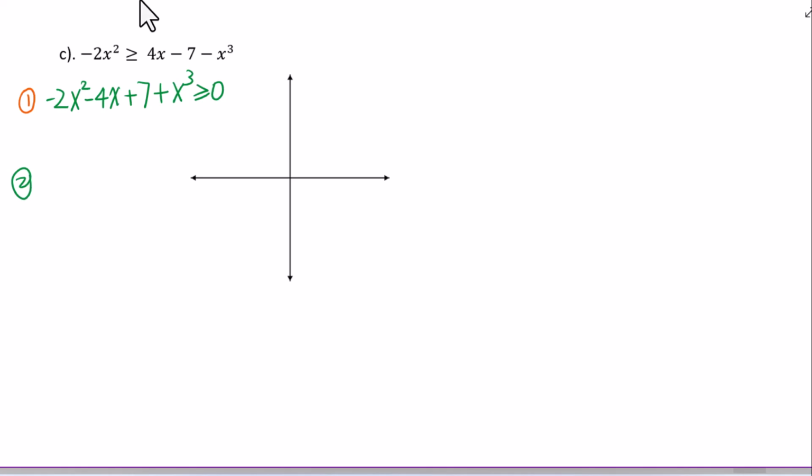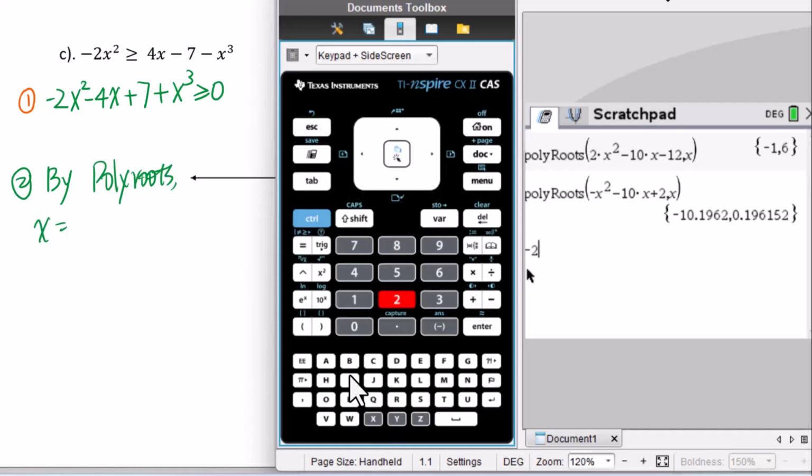Second step, since this is a polynomial function, we can use polyroots to get all the solutions. Type in negative 2x squared minus 4x plus 7 plus x to the third power.